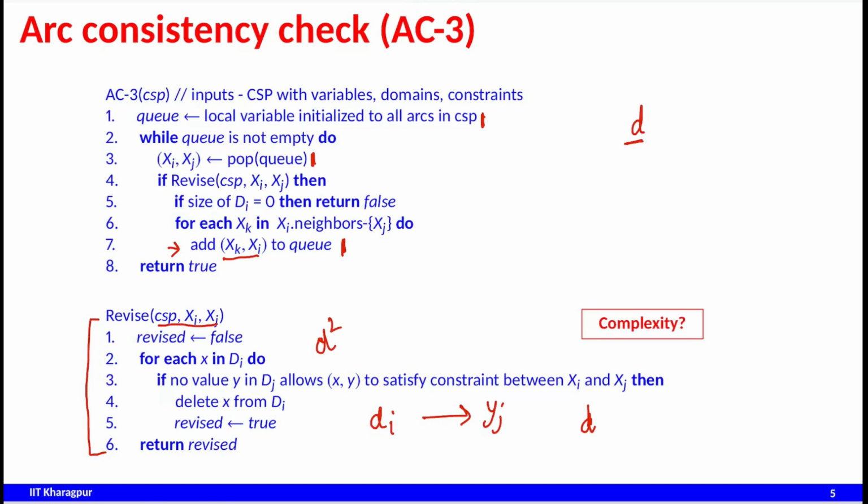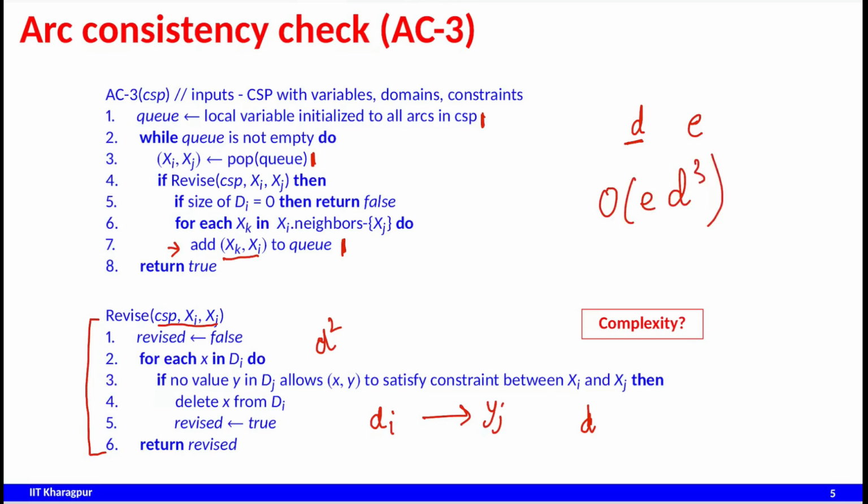Fine. So that is d, and we iterate the whole stuff for all the edges. If I have e number of edges, then the effective complexity will be e d cubed.